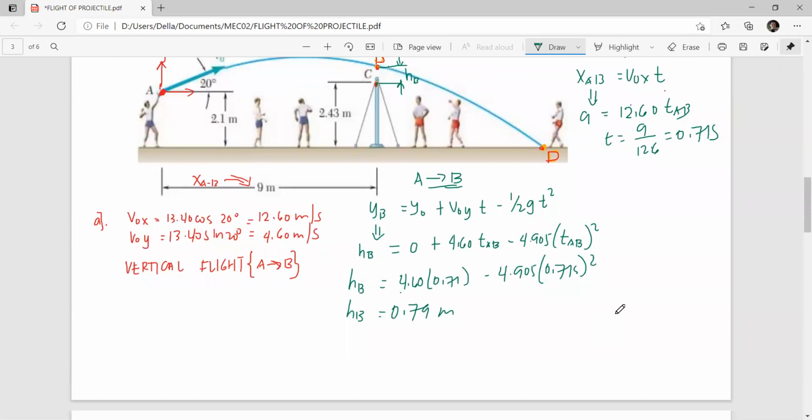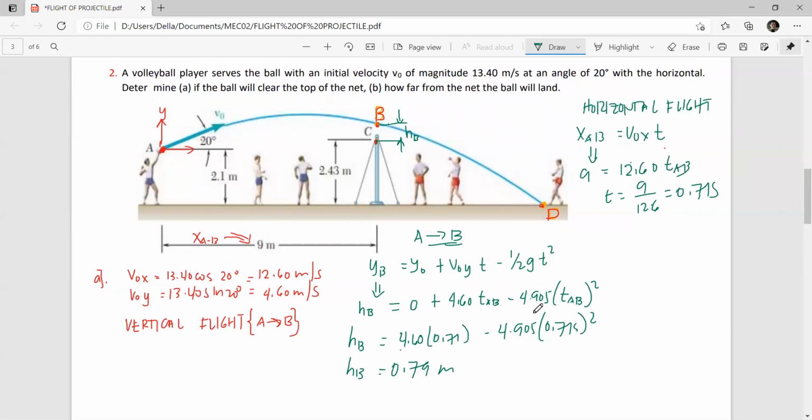Okay, what we have here is HB plus 0.33 equals 0.79. No, not HB, so this is the YB.